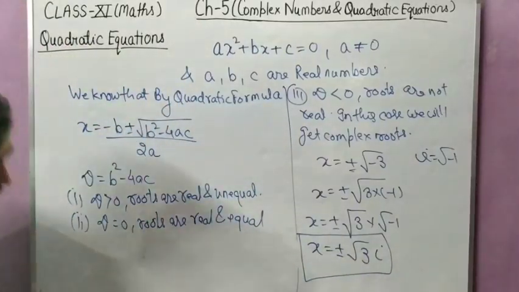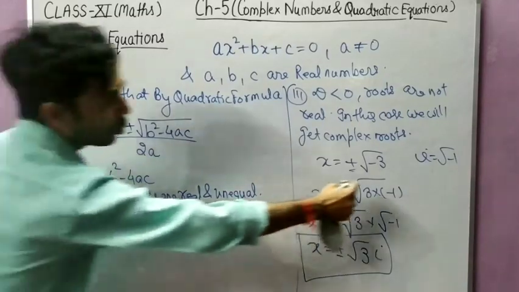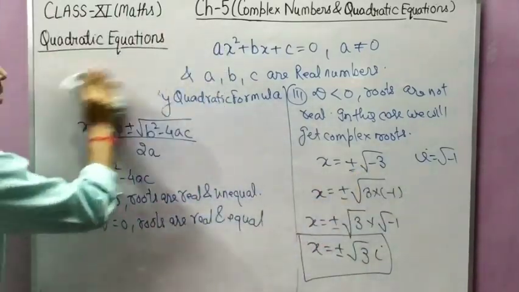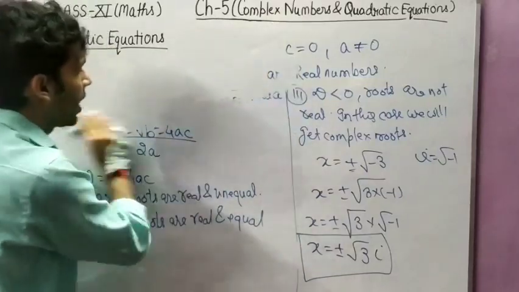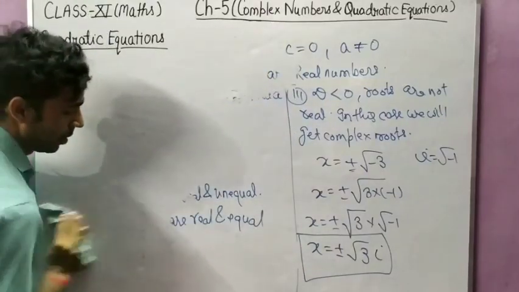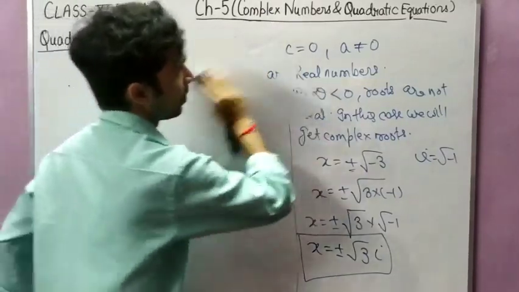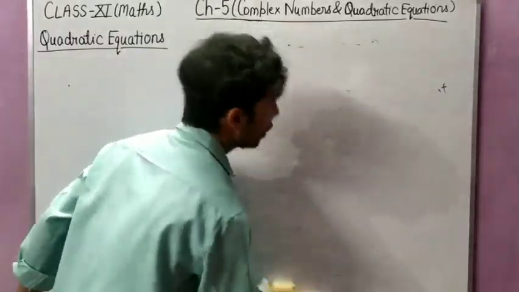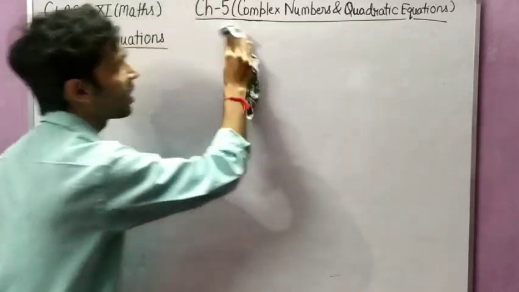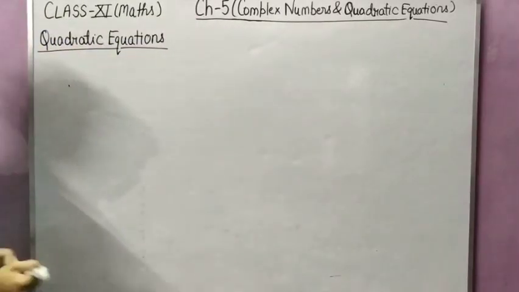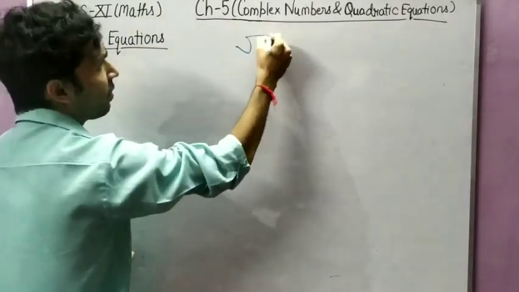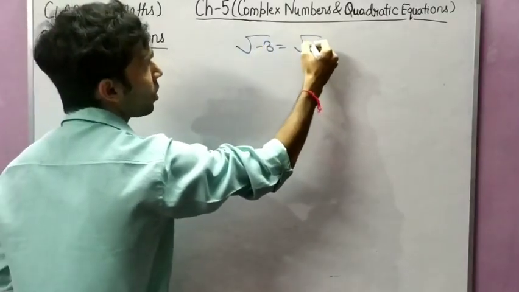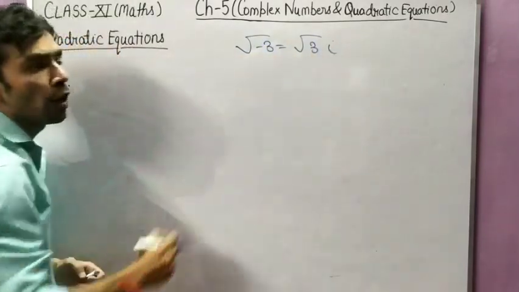Suppose, student, this thing you should know. One more thing I can tell you: whenever you see any negative number inside the square root, for example, under root minus 3 is equal to under root 3i.